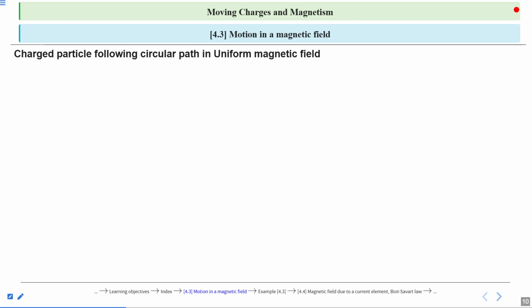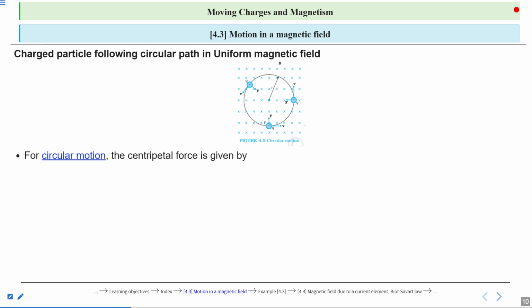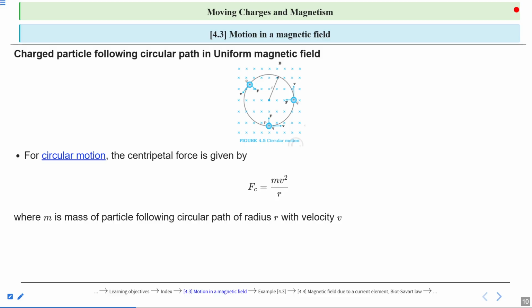Now again coming to the circular path: charged particle following a circular path in a uniform magnetic field. If any particle is following circular motion, then the centripetal force is given by Fc equal to mv squared by r, where m is the mass of the particle following a circular path of radius r and velocity v.